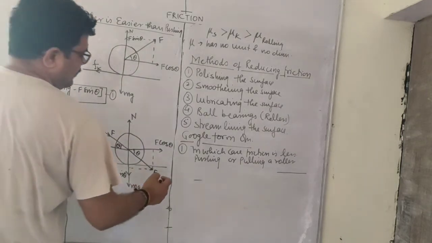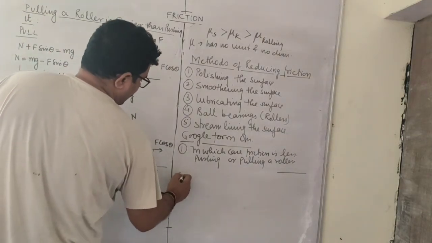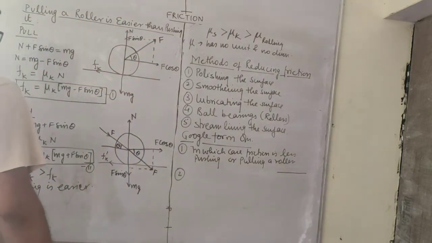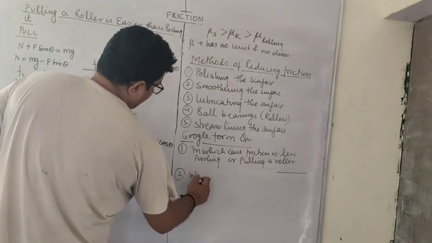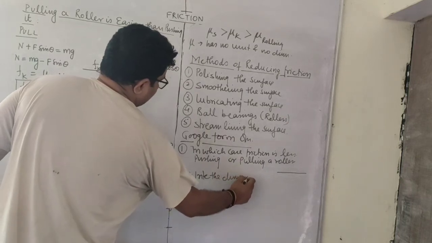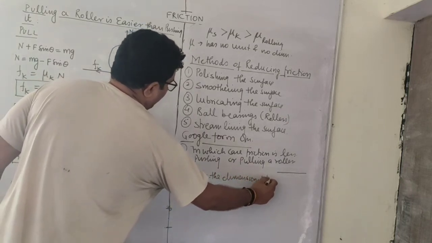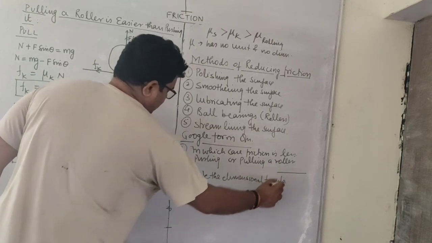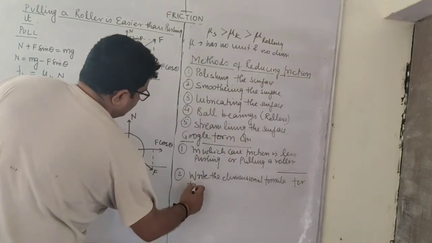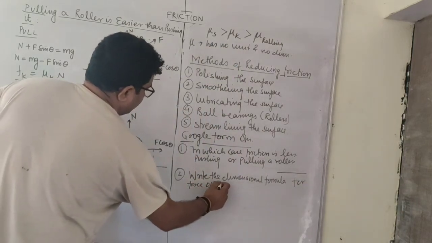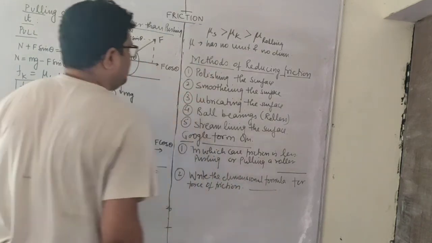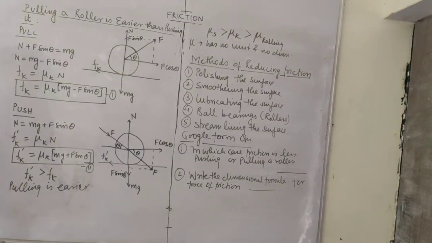Pushing or pulling a roller, in which case is friction less? And the second question is: write the dimensional formula for force of friction. This is your second question. This is for the physics Google form.